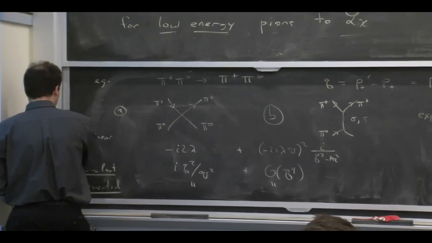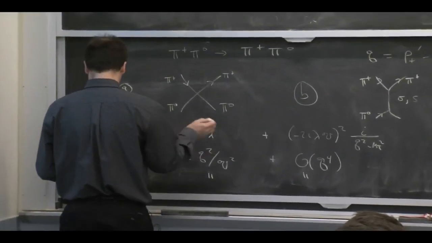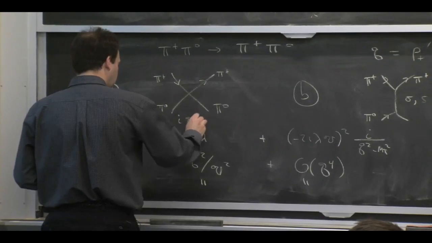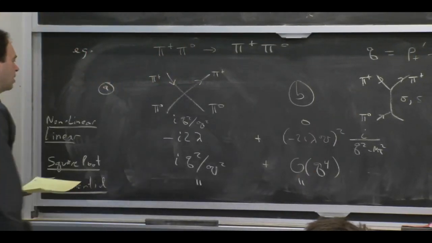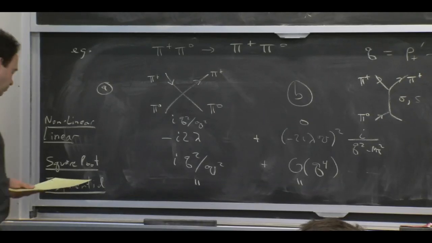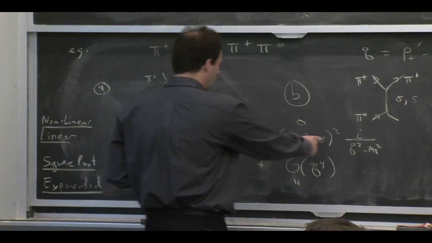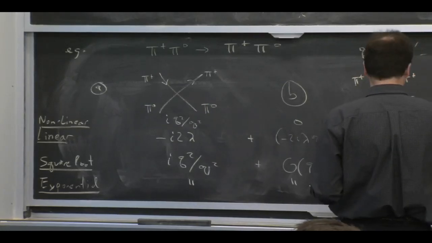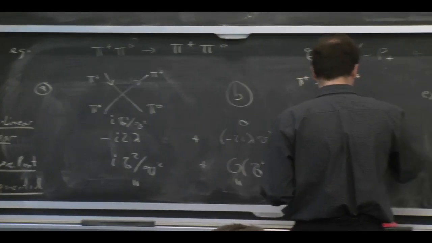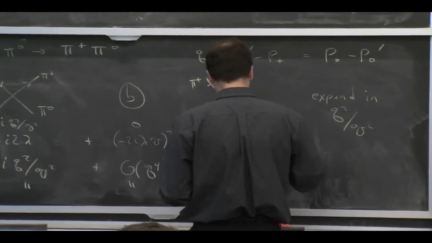In the nonlinear, we don't even have that diagram because we just dropped it. And if I take this line, which is the only one that looks different, I can combine these two terms together. And once I do that, then I realize that this is also giving the same answer.